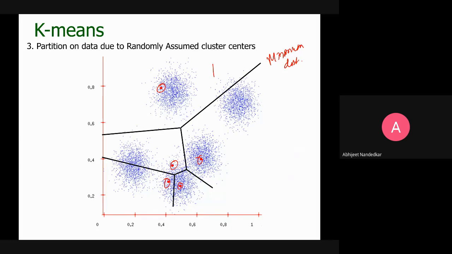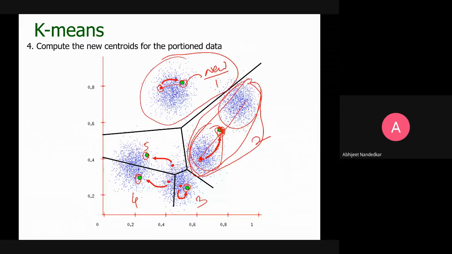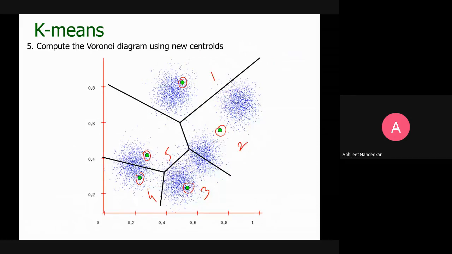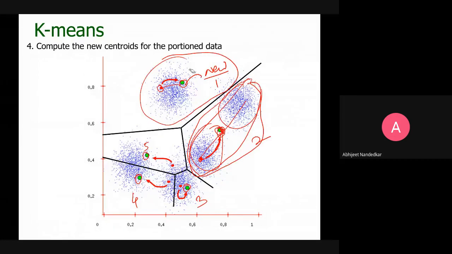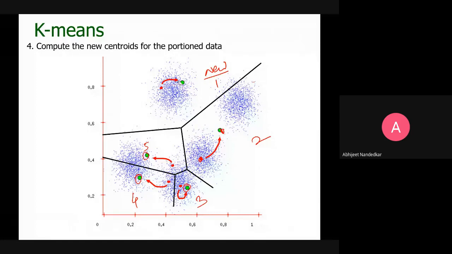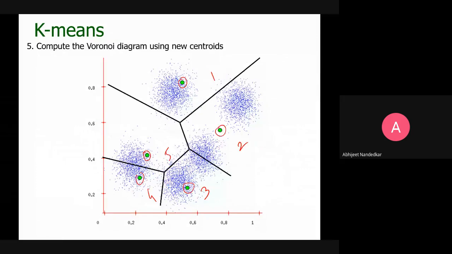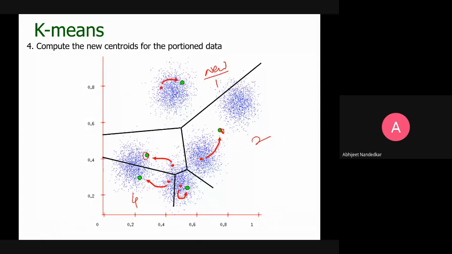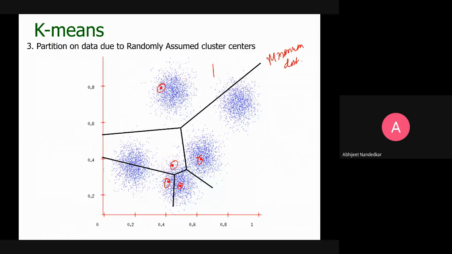Okay. Now, once I change the centroids, you will see some portion of your data, you can see this particular portion on your screen.